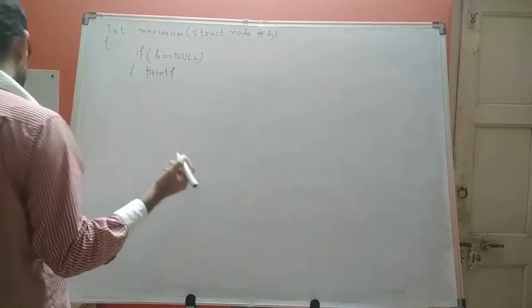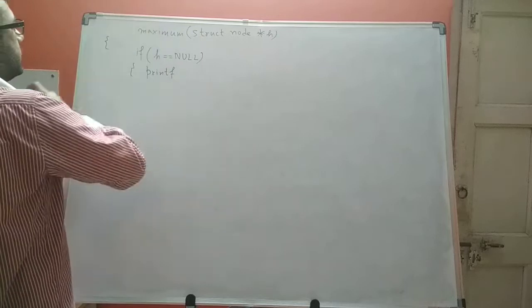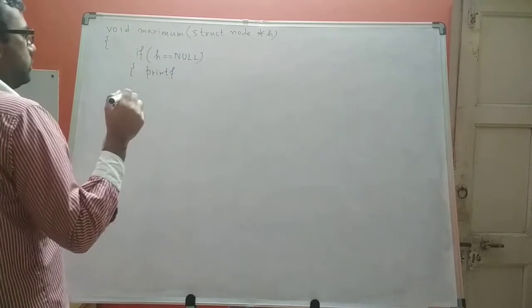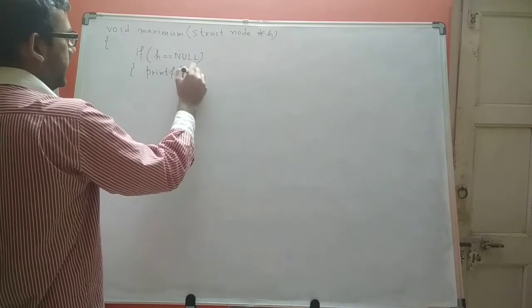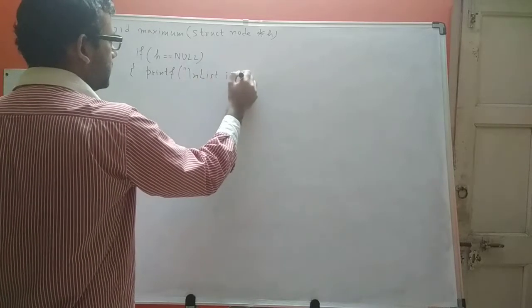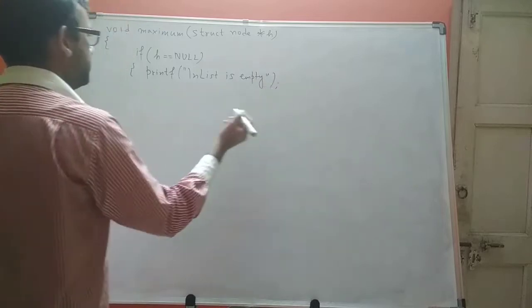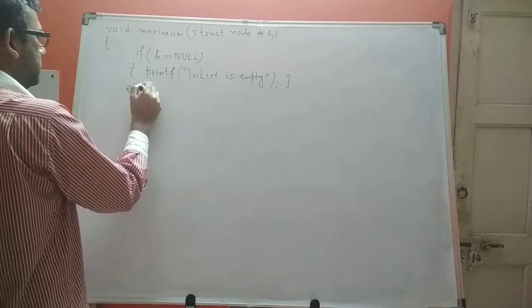Just for ease of explanation, I'll make the return type of this function void. Then I think it will be easier for you to understand as well. So if the linked list is empty, I'll simply print out the statement "list is empty". Now, what if the list is not empty? Then what do I do?